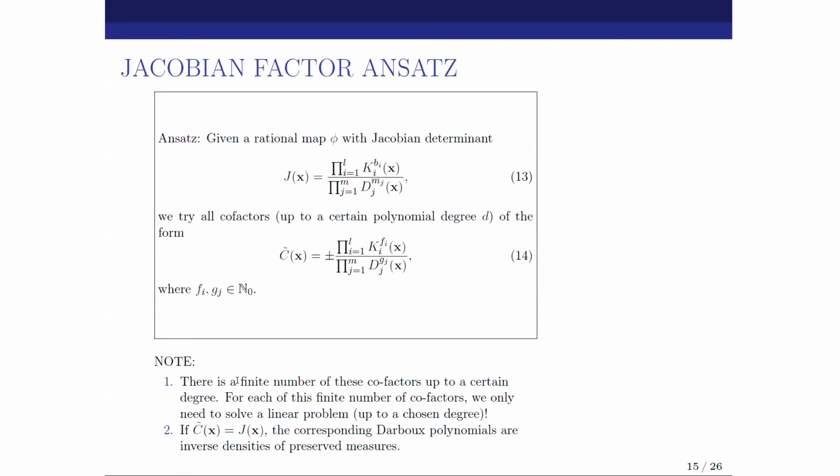Jacobian vector ansatz. So we have a rational map. Calculate the Jacobian. Sorry, the Jacobian determinant, and that's to calculate derivatives of the new x's with respect to the old x's. That gives you a matrix.